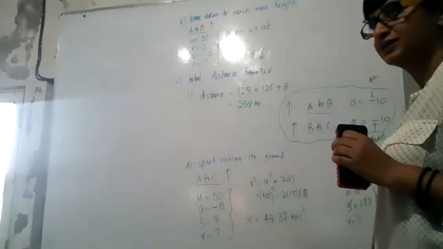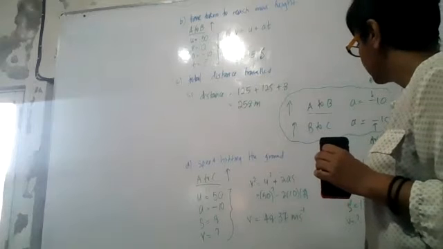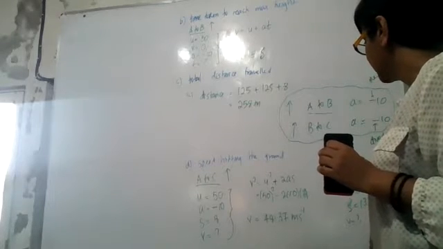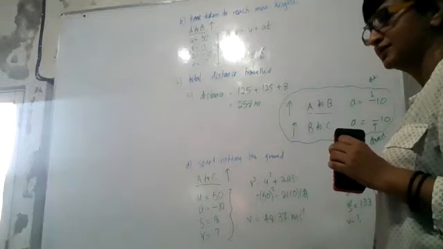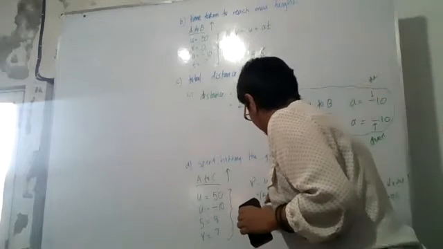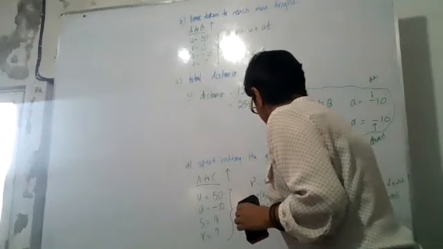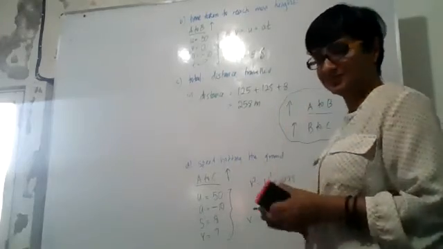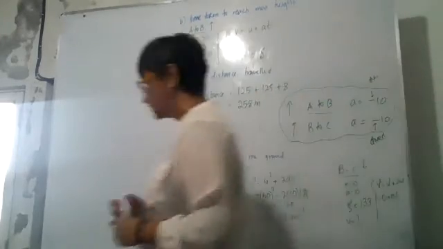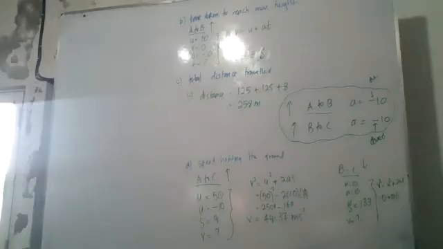Yeah. Let's say you take 50 squared and then you subtract it from 160. Then you do the answer, you will get 41.5. So this is that minus 160.